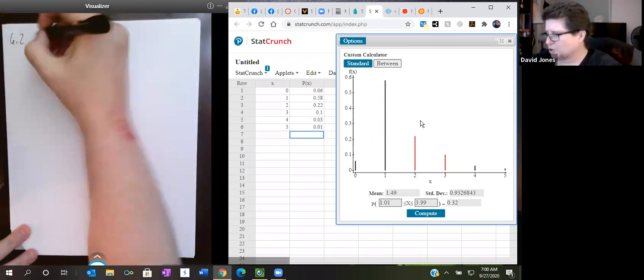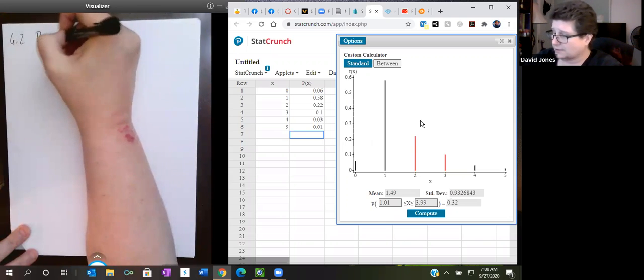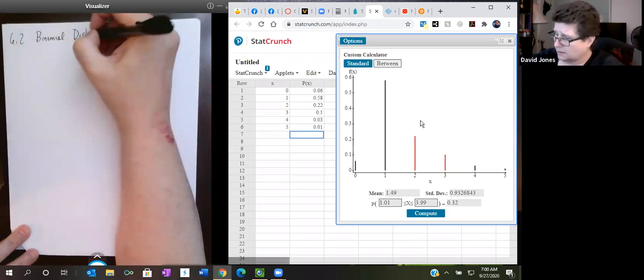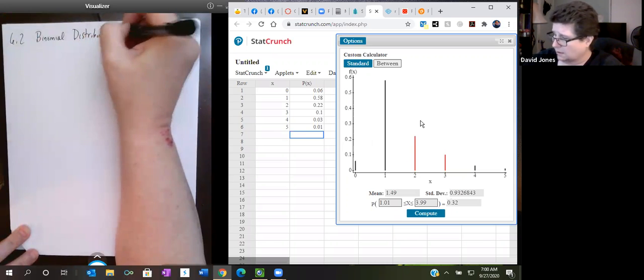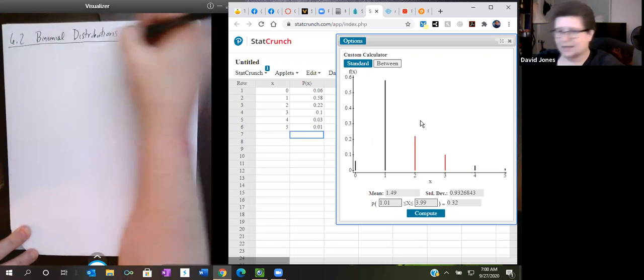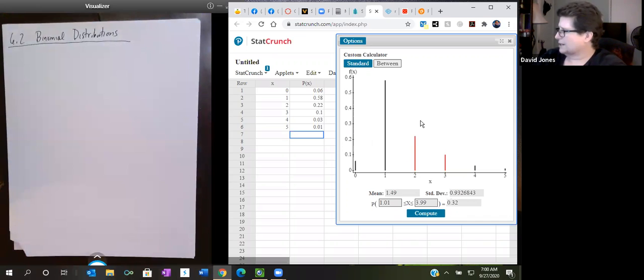6.2 is on binomial distributions. Now that we've covered some of the other ones, binomial and Poisson go a little bit faster.